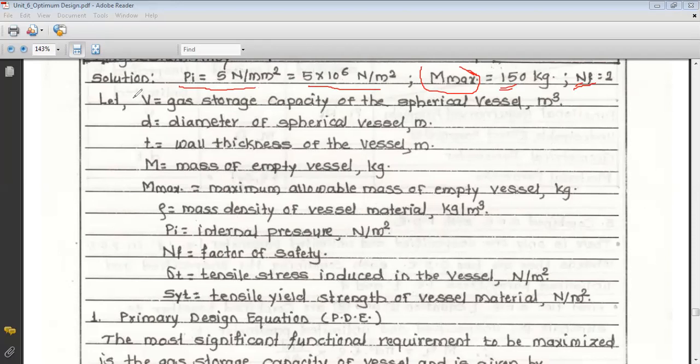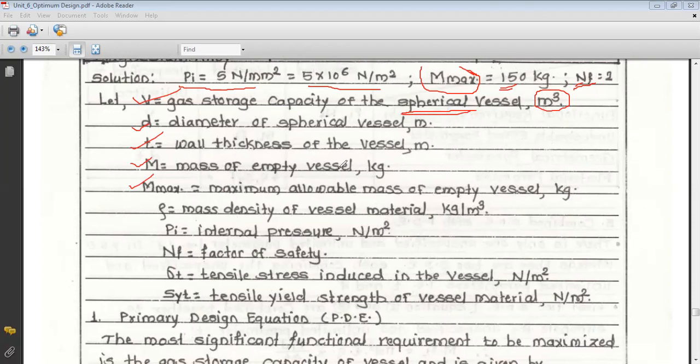Now let V be the volume or gas storage capacity of the spherical vessel. The pressure vessel is a spherical vessel, and its gas storage capacity is denoted by V, and the unit is meter cube. D is the diameter of the spherical vessel, T is the wall thickness, M is the mass of the empty vessel, and M max is the maximum allowable mass, which is 150 kg.